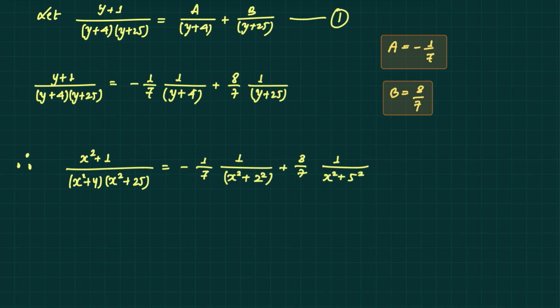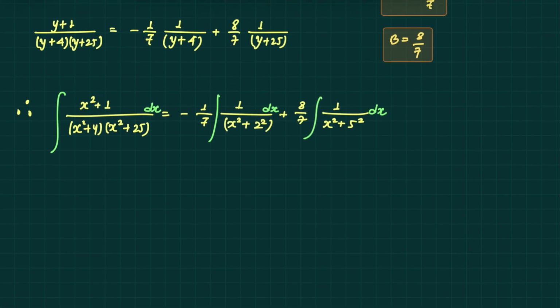Now since we had to integrate this function with respect to x, it will be this much. So this equals minus 1 by 7 times the integration of 1 over (x square plus a square), which is from the 9 special integrals which we had discussed in the previous video.